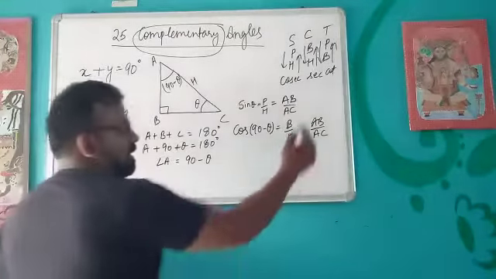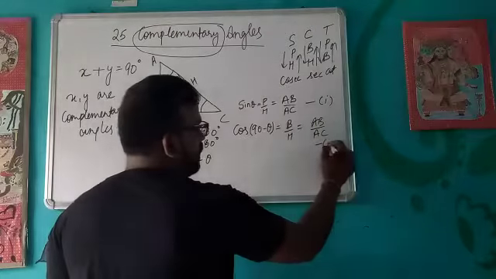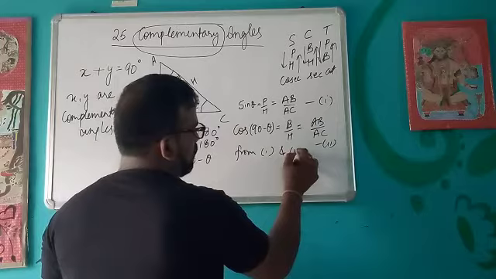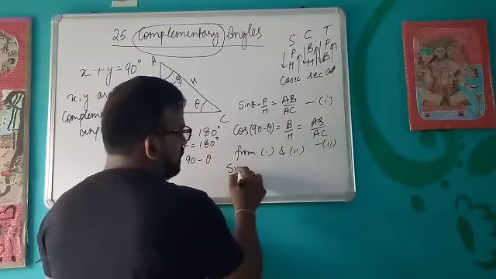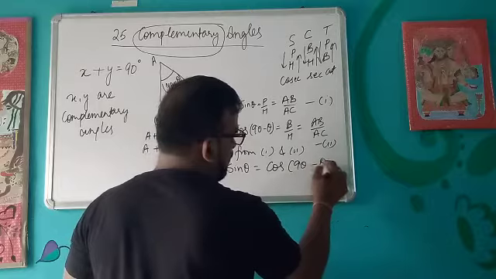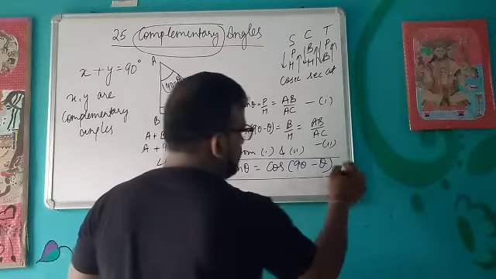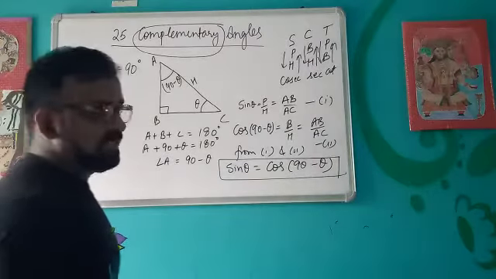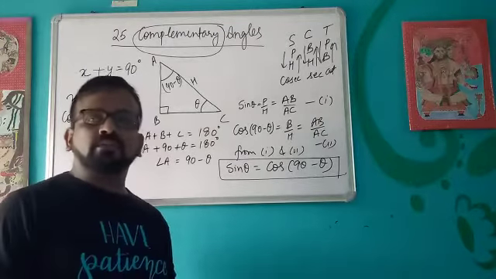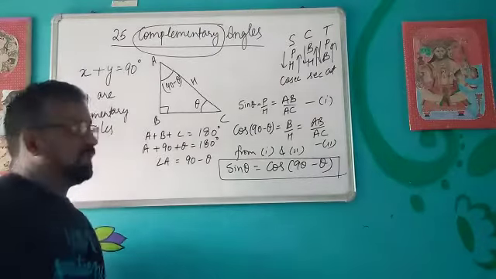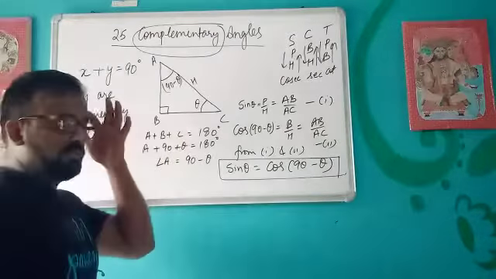Now if you compare these two relations, this is our first relation: sine theta is equal to cos of 90 minus theta. Or we can say that the angles in sine theta and cos of 90 minus theta form the complementary angle pair in a given right angle triangle.